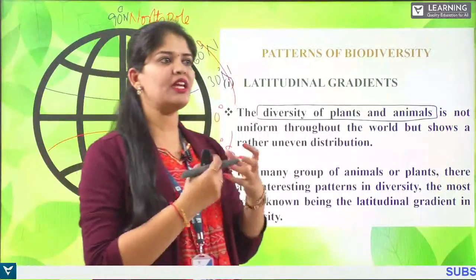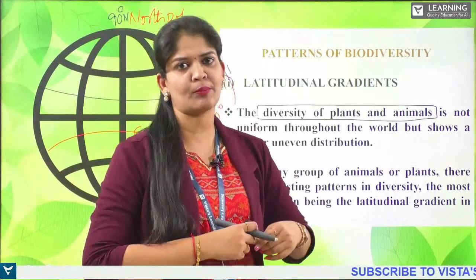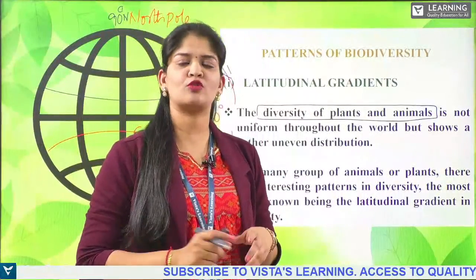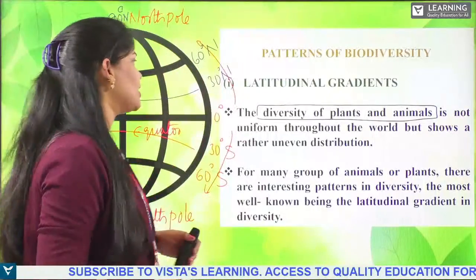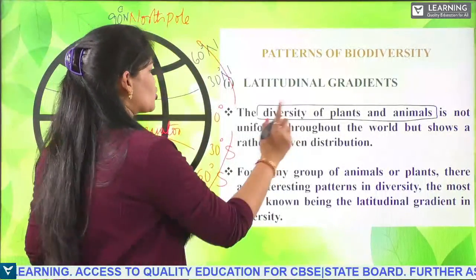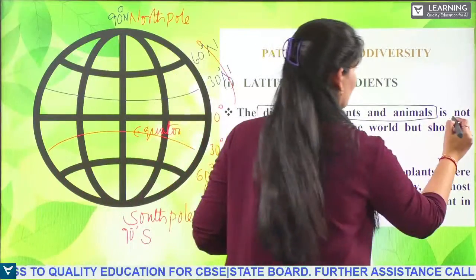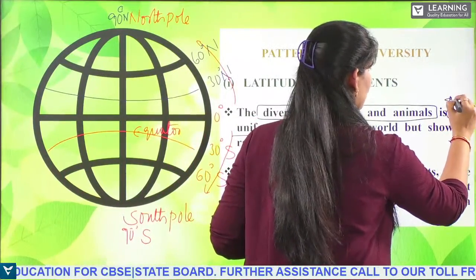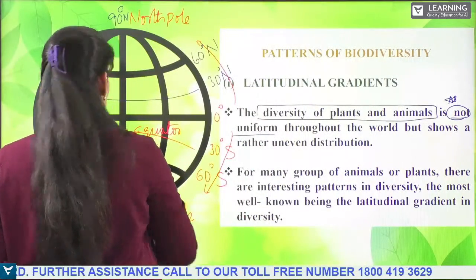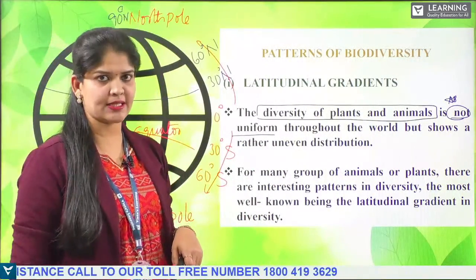There are many explanations to prove that biodiversity is more in tropic regions when compared to temperate regions. Here, the biodiversity of plants and animals is not uniform. It's not uniform. This is important. Uniform distribution of living organisms never exists.